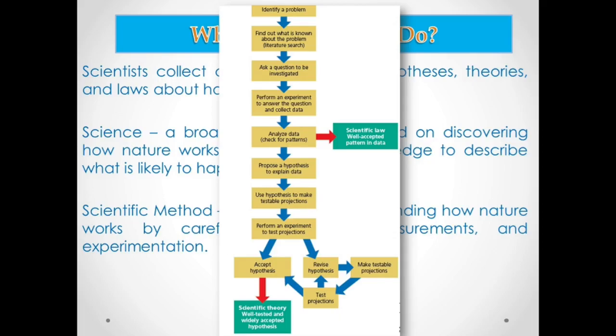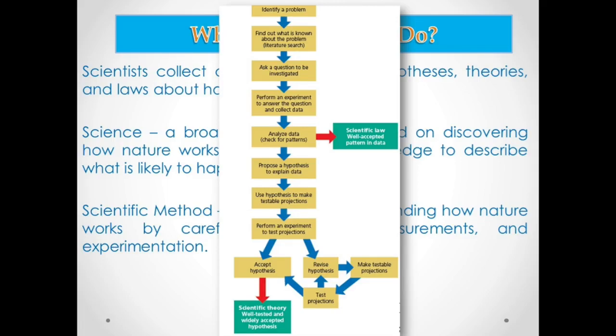Then find out what is known about that problem. You do a literature search and research some literature published on the internet or on websites, and you find out that there is already known research about this kind of problem.